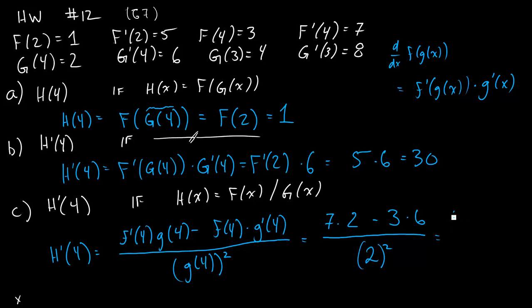So in the end, this is equal to 14 minus 18 divided by 4, which is going to be equal to -1. So again, the big idea here, I mean, we wrote down a lot of stuff, but all we're doing is following the formulas we know for the chain rule and quotient rule, and then filling in the blanks as we need them.